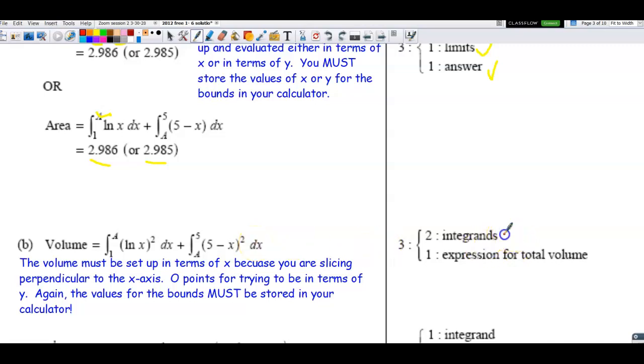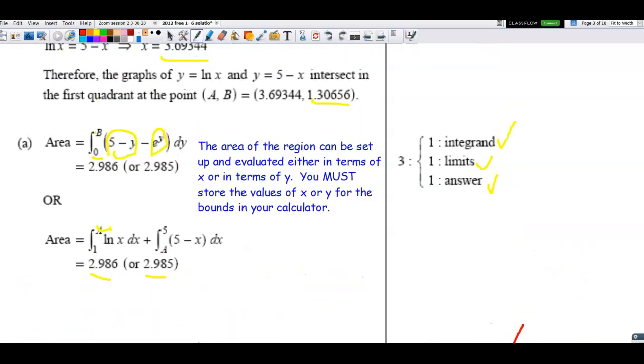All right, so 2 points for the integrands. The integrands have to be correct with the squares. And the order doesn't matter because we're adding them together, so it would not matter which integral you have first as long as you have the correct bounds, and then 1 point for the total expression for the volume.